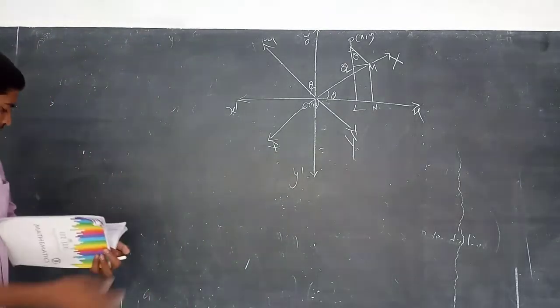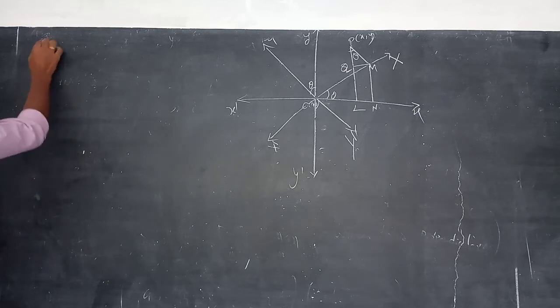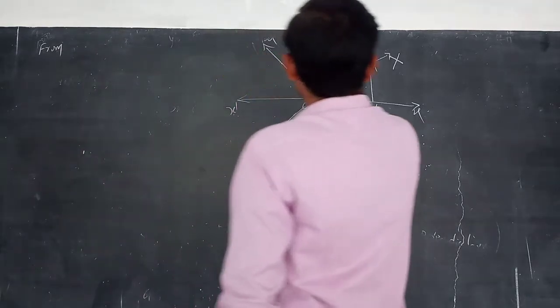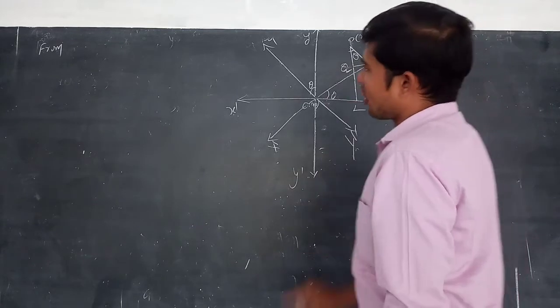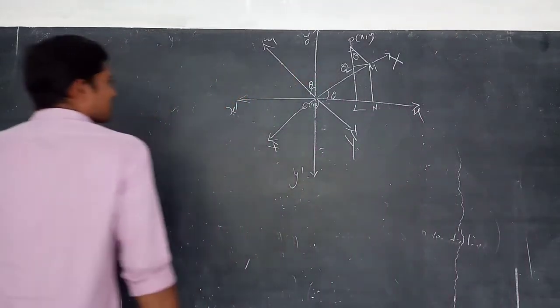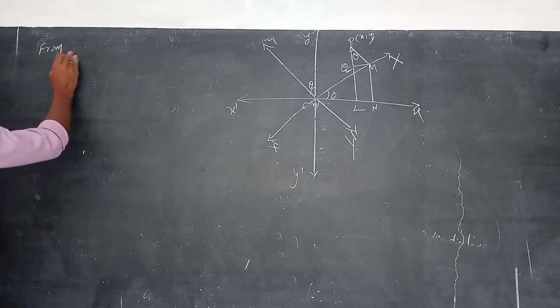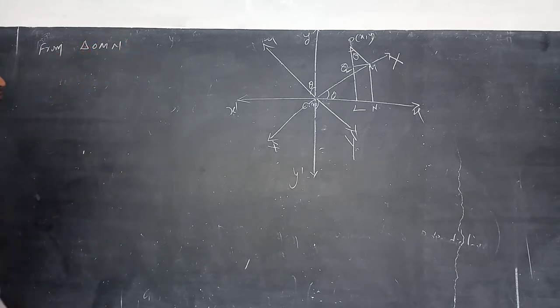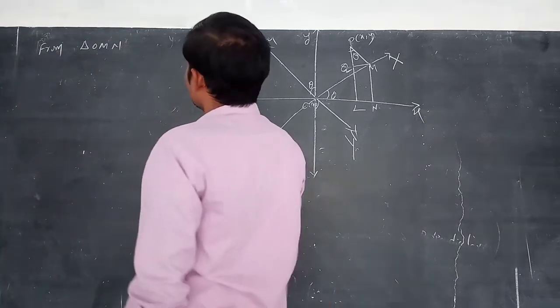See, two triangles are formed here, OMN and PQM are triangles. Let us suppose the first triangle OMN. From triangle OMN, take sin theta and at the same time cos theta.